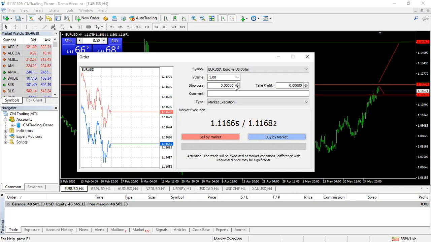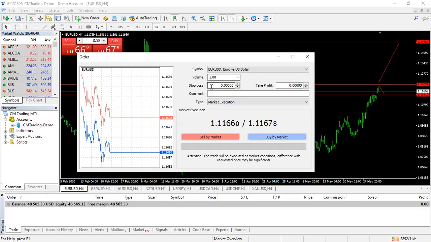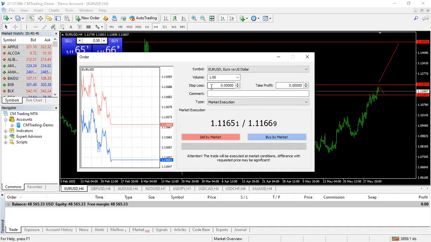Unaenda to your Steno app, just key in the amount, the balance of your account. Let me just do this. Then the risk percentage ni 2%. Nataka ku risk 2%. Okay. So 48,000.